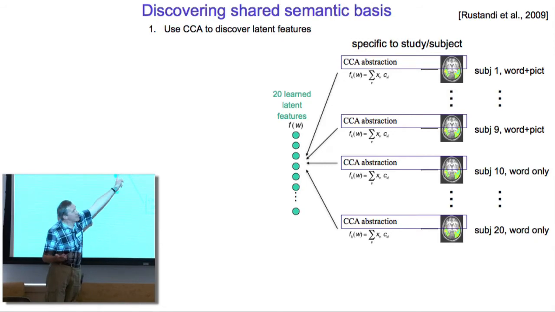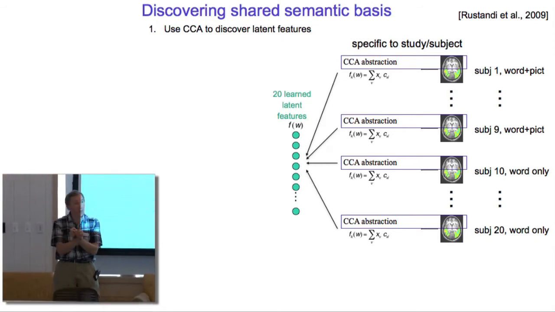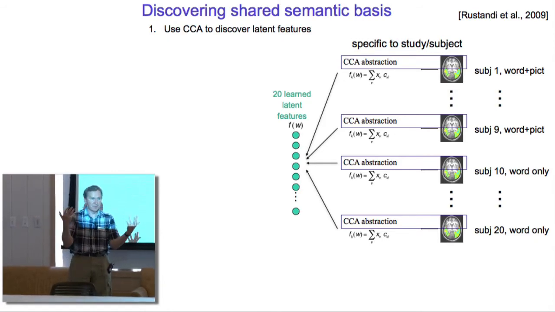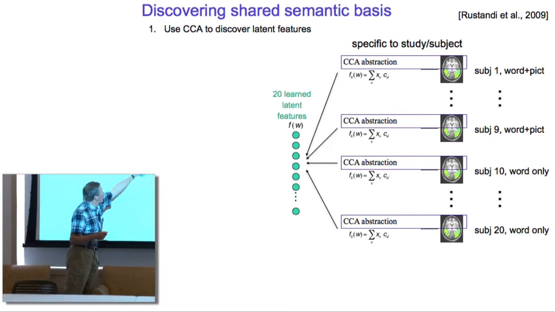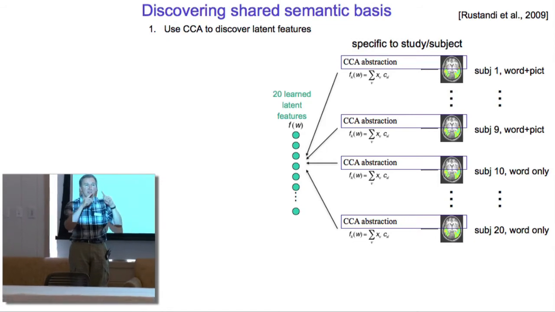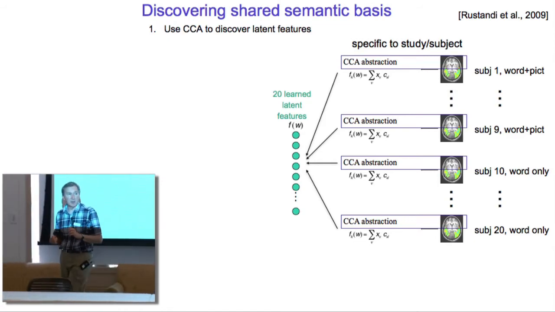But it learns one for each data set, and it learns that collection of linear mappings so that they have the following property. The projected points according to that linear mapping have the maximum correlation possible among linear mappings. So basically, they're looking for linear mappings from each of these 20 different data sets to points that will be maximally correlated across the 60 stimulus words that we were using.